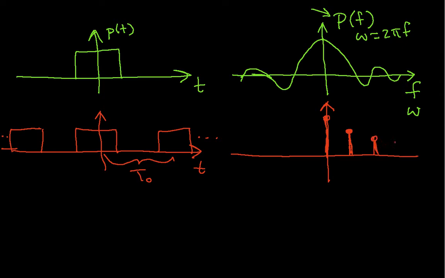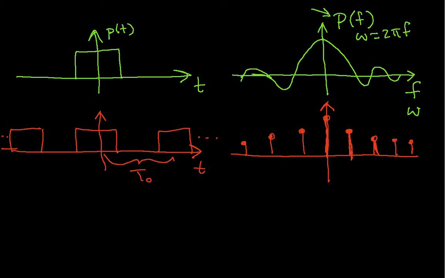I have other values out here. The idea is that I only get values at integer multiples of this fundamental frequency. And I also have negative values out here. So this is the sort of thing that you see with a Fourier series.